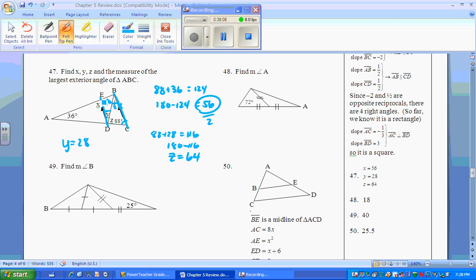And you want X. X is out over here. X is equal to Y and Z together. So X equals 64 and 28, which means, oh, sorry, it completes the triangle over here. So X ends up equaling what's left over for that, and you end up with the 56 that you want.